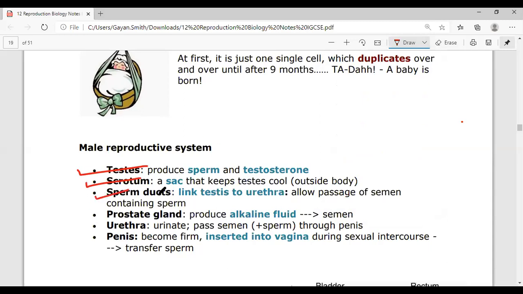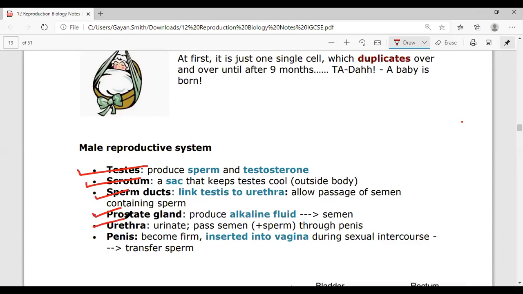Then we have sperm ducts. Their job is to link the testis to the urethra. So basically they take the sperm from the testis to the urethra, and it allows the passage of semen containing sperm. There's also a gland called the prostate gland that produces alkaline fluid that helps to produce semen.